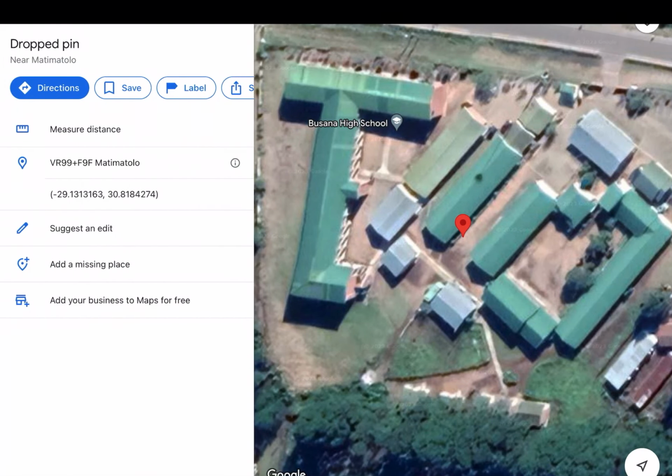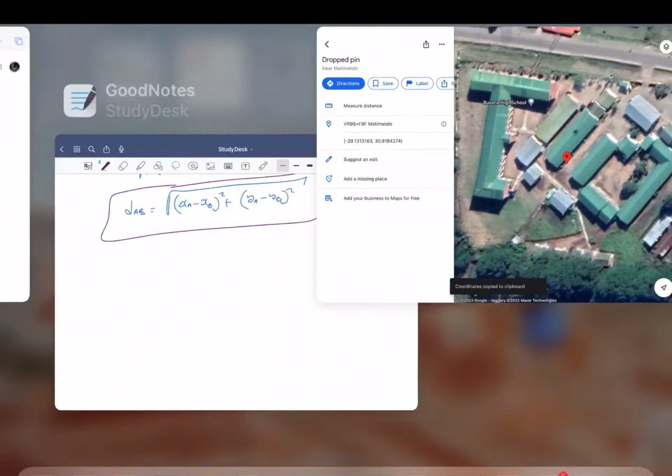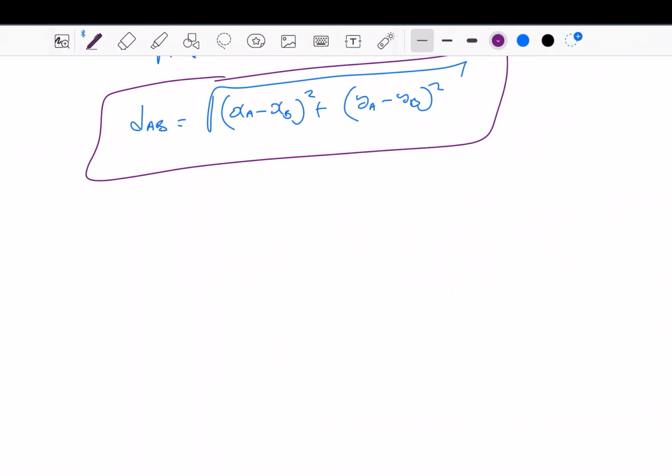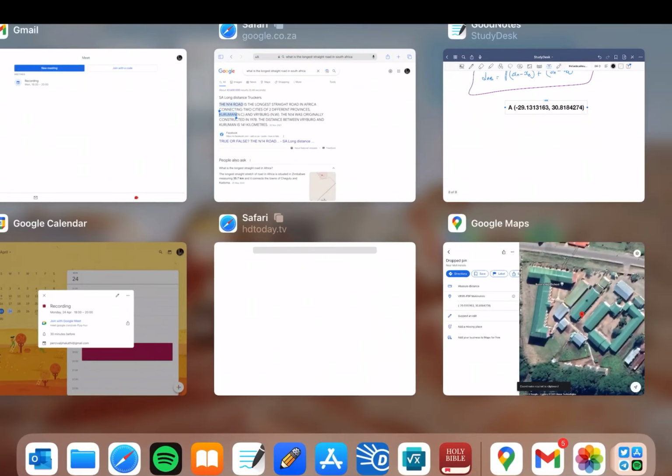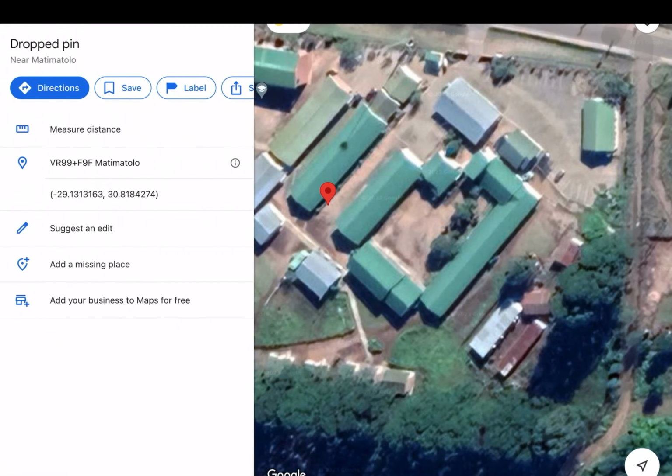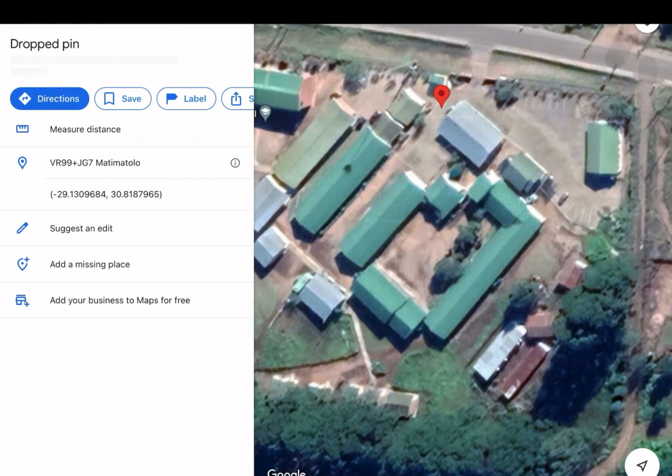So let's say this is where you're at, and if you come here on your left, you see the measurement distance, you see that number, and then you see the coordinates. So you can copy and paste those coordinates. Let's call it point A. Let's paste this coordinate here. Paste. And let's call it coordinate A. So that is you. This is where you are at this point. And then your friend is somewhere here, right?